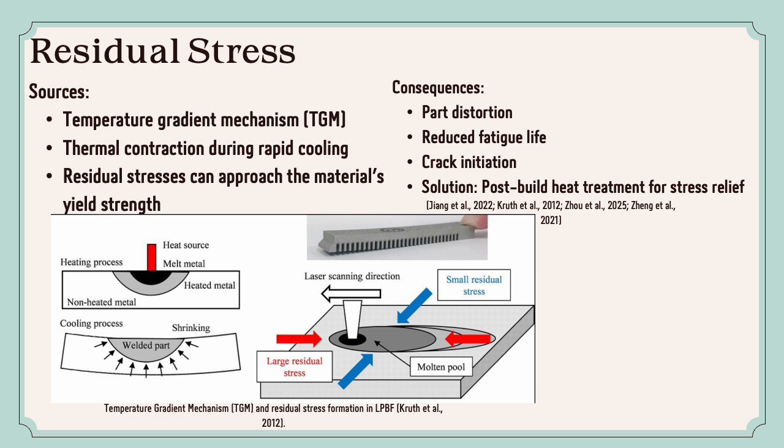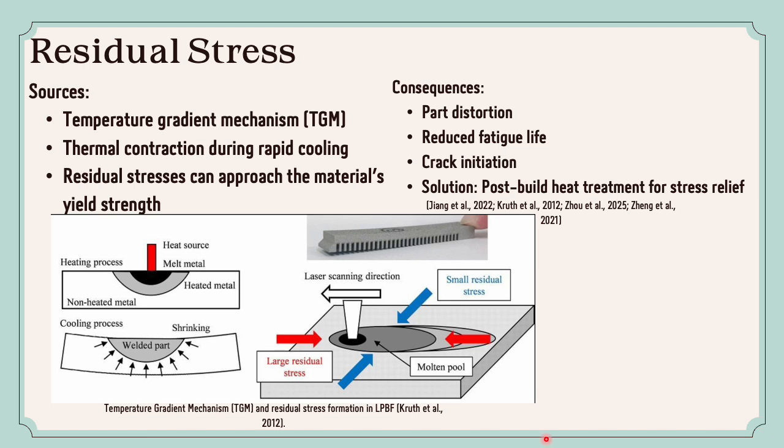One of the major challenges in LPBF is residual stress. Residual stress is mainly caused by the temperature gradient mechanism, or TGM, and by the thermal contraction during the rapid cooling. Because the material experiences repeated heating and cooling cycles, significant internal stresses can develop, sometimes approaching the material's yield strength.